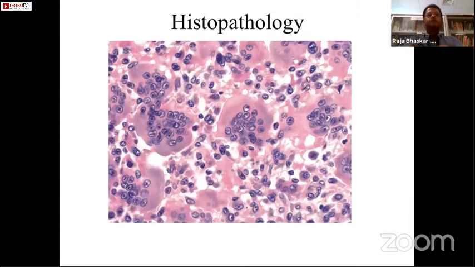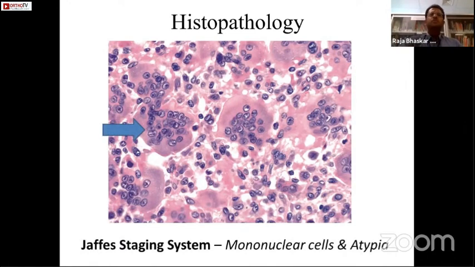So once you do the biopsy, this is an example of a histopathological slide where you see the numerous giant cells. The Jaffe staging system is one more system where they have 3 different grades, where the number of cells and the cellular atypia is taken into consideration.